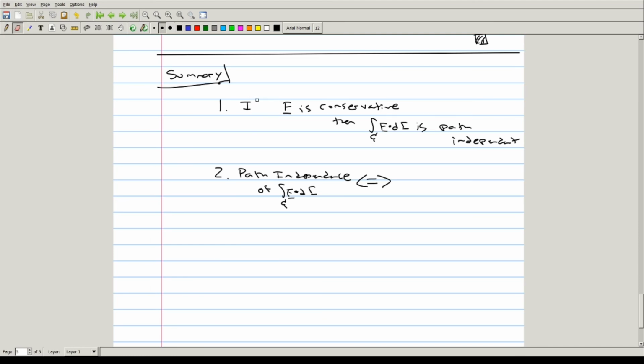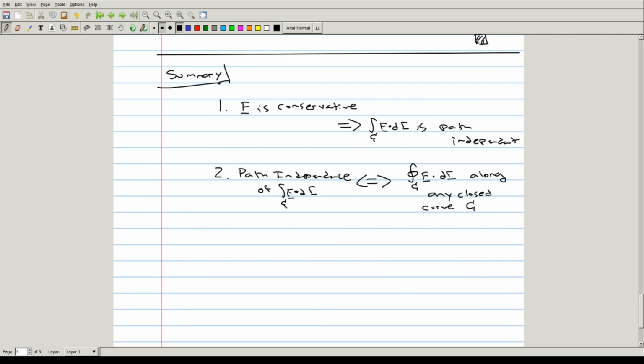this is an if-then statement, so I want to emphasize here that f being conservative on some domain implies path independence, and path independence of a given line integral is the same thing as that line integral being equal to 0 along any closed curve C. Now, it's important to note here that 1 actually is a bi-implication, and we will see that any vector field for which the line integral is path independent in a given domain is also going to be conservative.